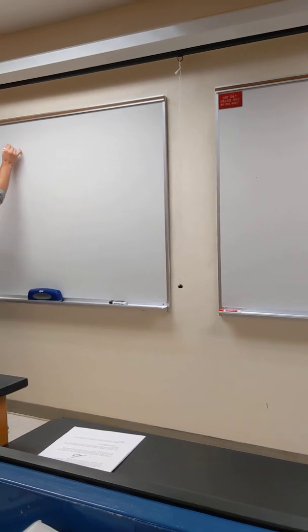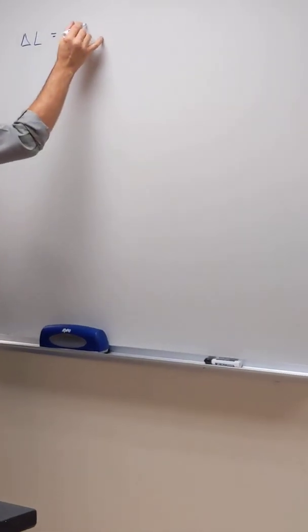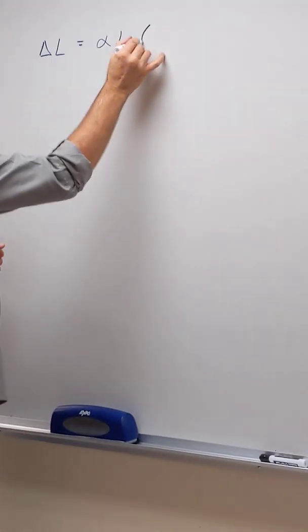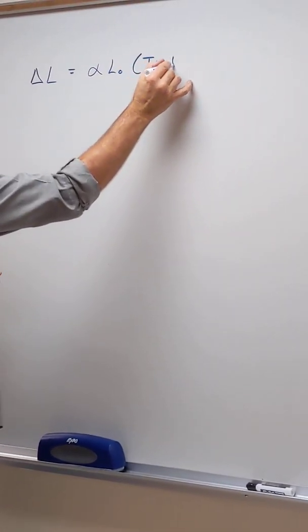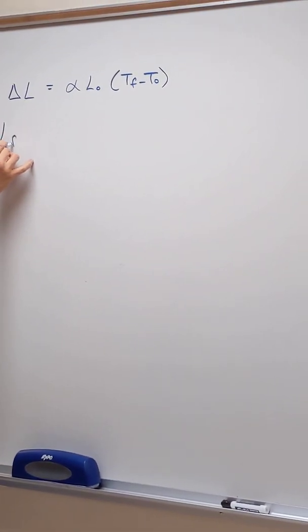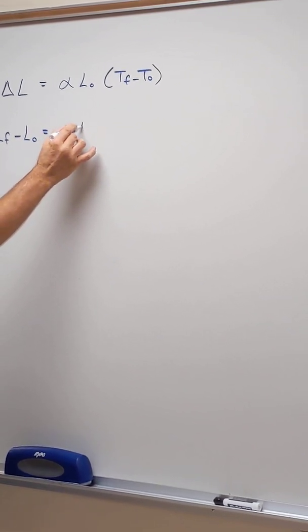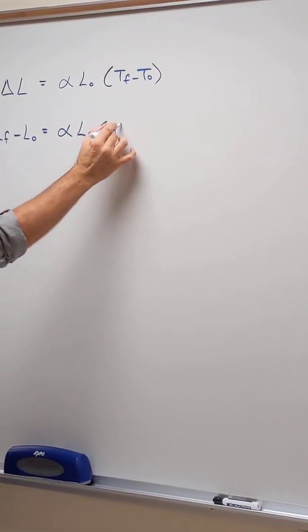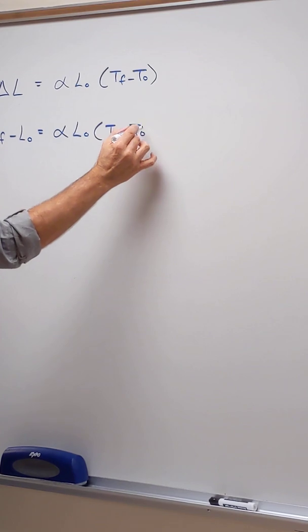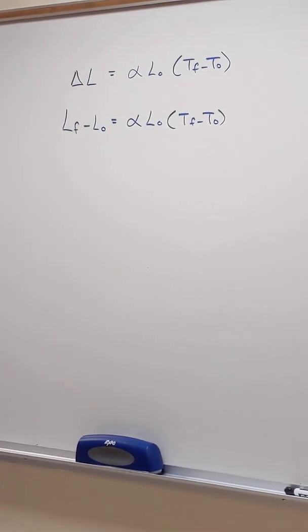For the linear, delta L, the change in length, is dependent on alpha, the original length, and delta T. Well, this is L final minus L initial. Everybody okay with that? I just wrote this out explicitly.